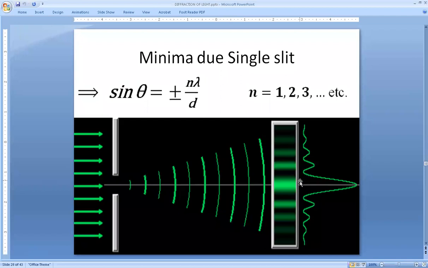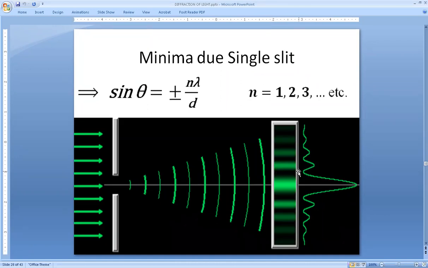In between two maximas, please observe, this is the location of a maxima, the brightest point, and this is the location of another brightest point, but of course weaker in intensity. In between them, you have got a dark portion. There is a valley here on this graph representing the darkest point, and these darkest points are called minimas.